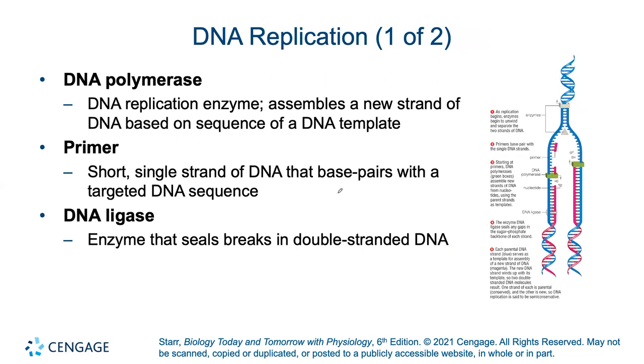DNA polymerase is a DNA replication enzyme, assembling a new strand of DNA based on the sequence of a DNA template. The primer is a short single strand of DNA that base pairs with a targeted DNA sequence. A DNA ligase is an enzyme that seals the breaks in double-stranded DNA.